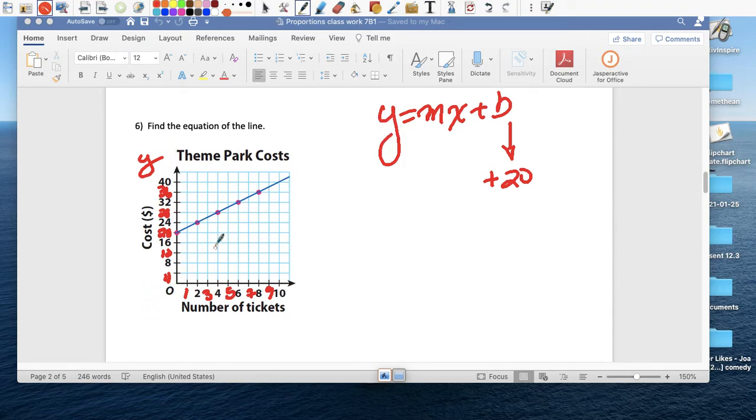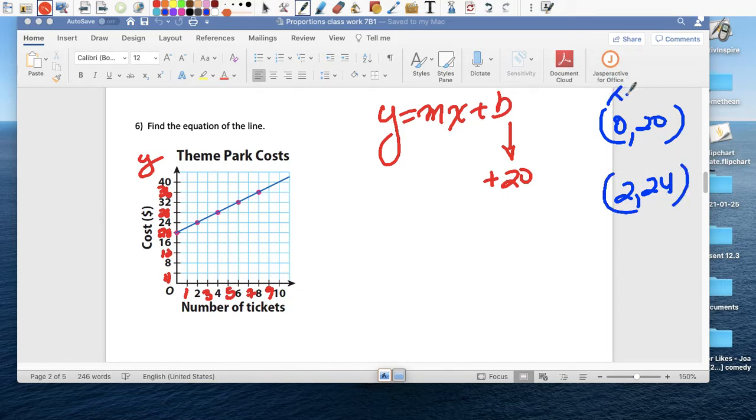Now I still need to find the slope, m. To find the slope, we need 2 points, so you can pick any 2 points you want. Why don't we pick (0, 20)? And I'm going to pick another one that I can see, (2, 24). Here are the 2 points I want to use.